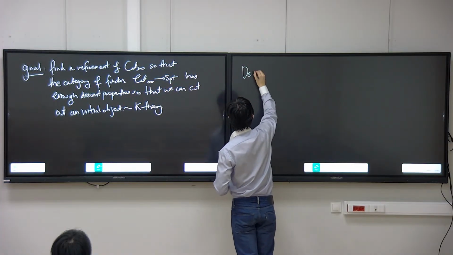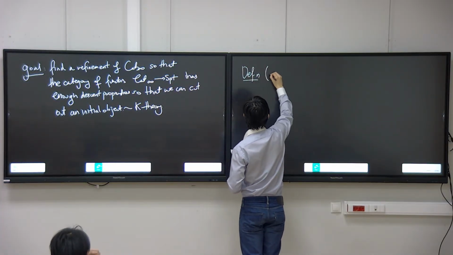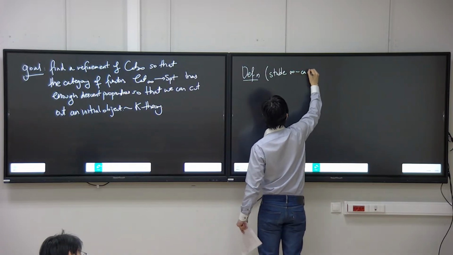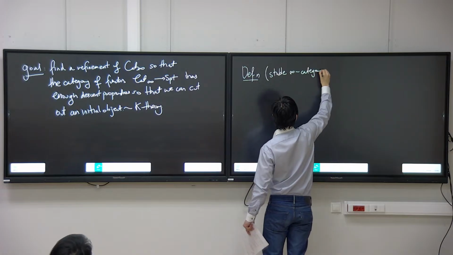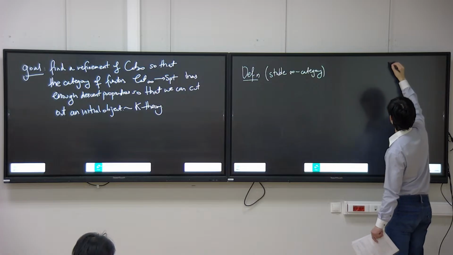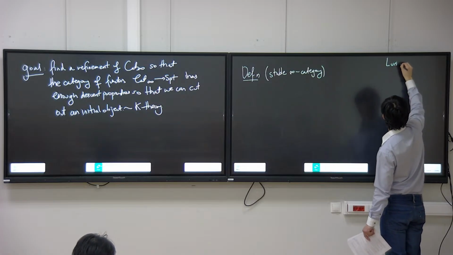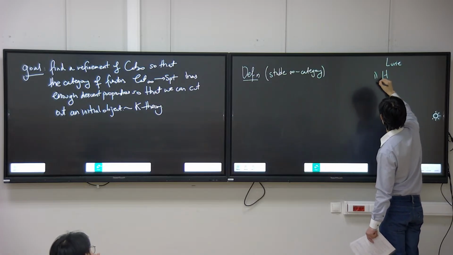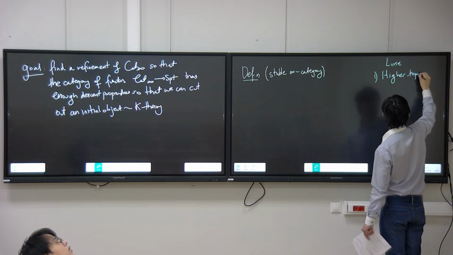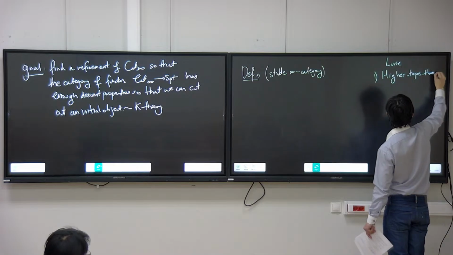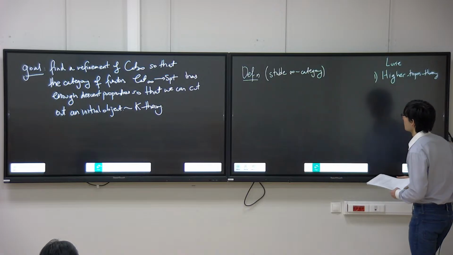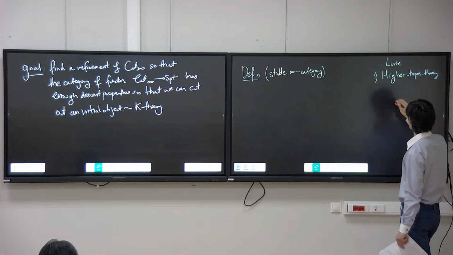So, definition of stable infinity category. Lurie has several works on infinity categories. Maybe the first one is Higher Topos Theory, where basically the definition of infinity category is given and some basic properties, which still takes a long time.